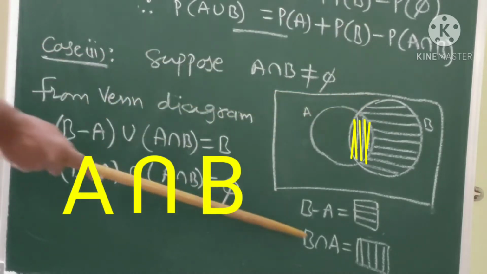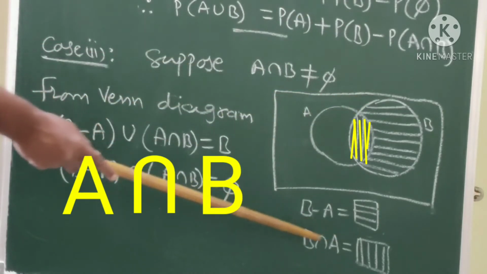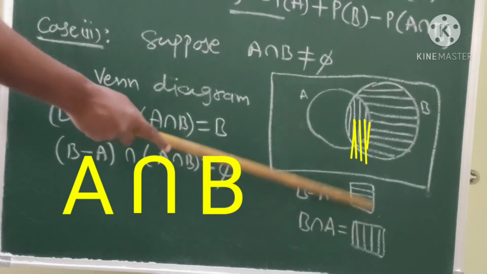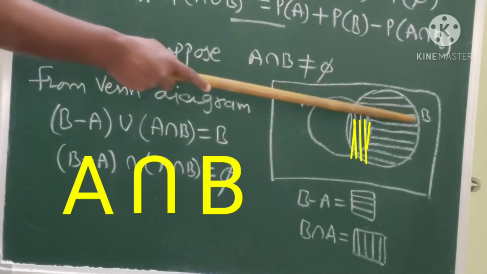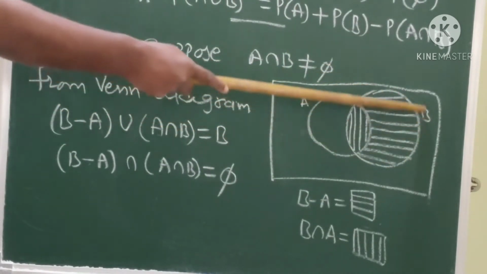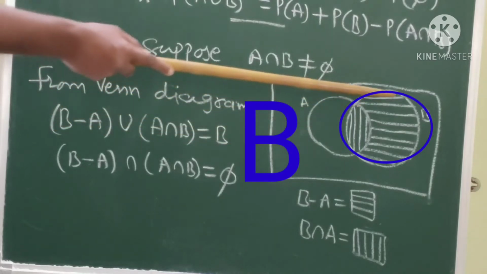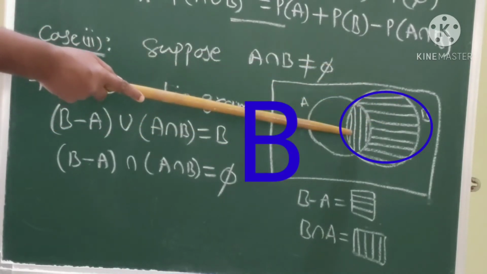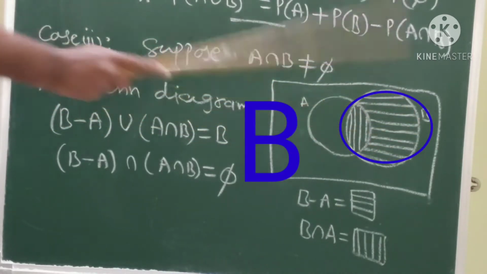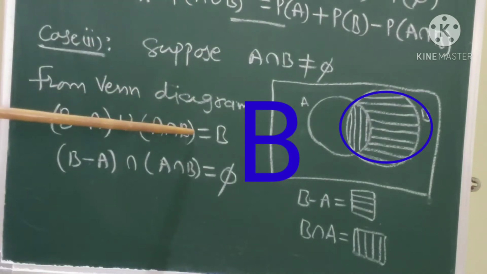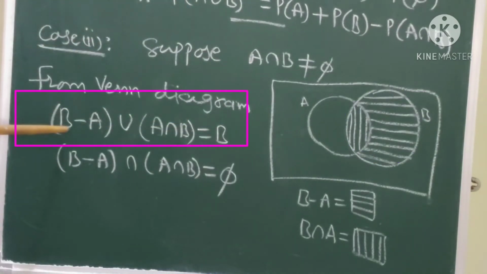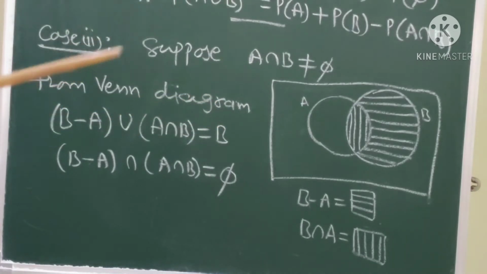Vertical lines. B intersection A or A intersection B is the vertical lines. Now the total shaded part, including horizontal lines and vertical lines, is nothing but the set B. So we can write B minus A union A intersection B is equal to B.